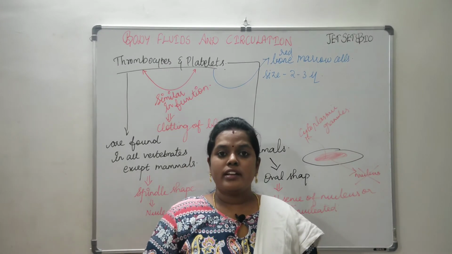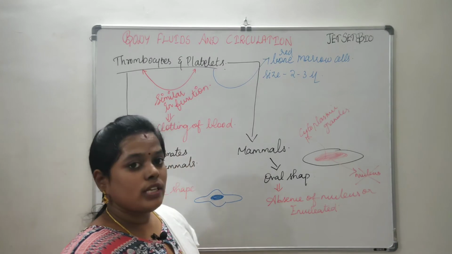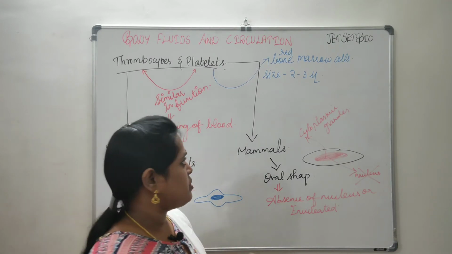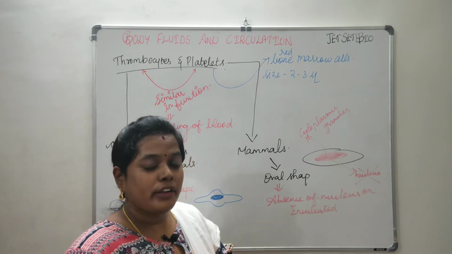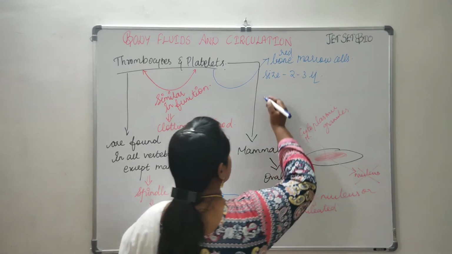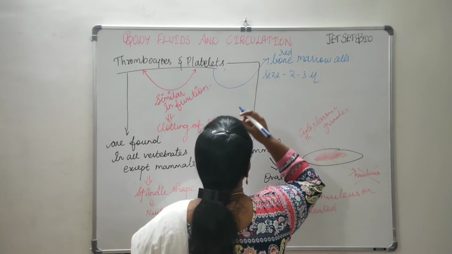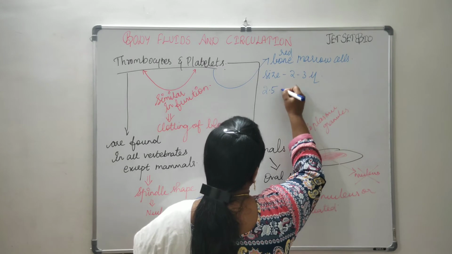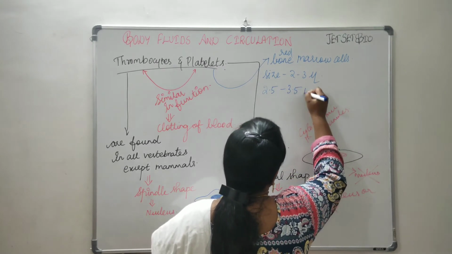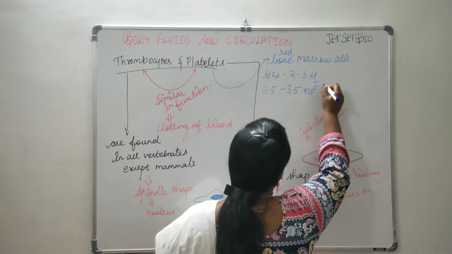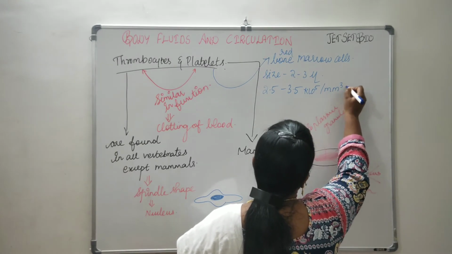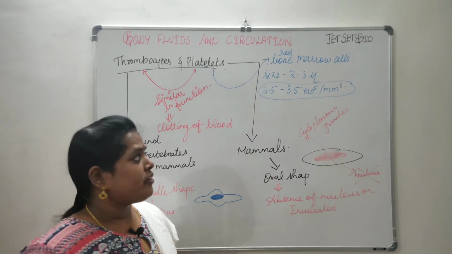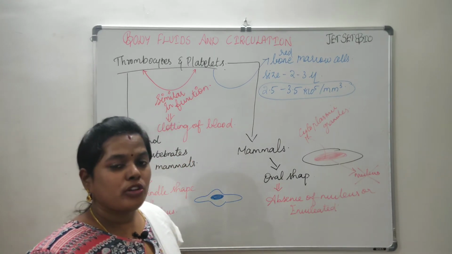In the case of RBC and WBC, we have seen the total cell count, that is, how many RBC or WBC cells are present in a particular area. In the same way, the cell count of the platelets is approximately 2.5 to 3.5 into 10 power 5 per millimeter cube. For a particular volume, around 2.5 to 3.5 into 10 power 5 cells are found.